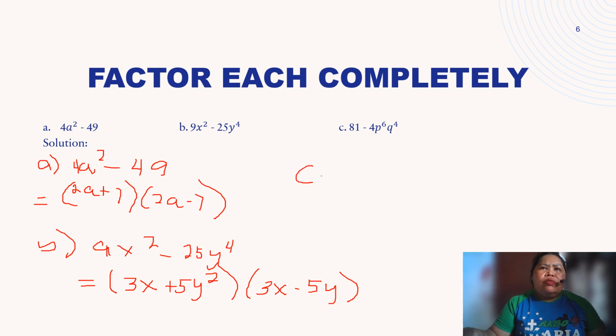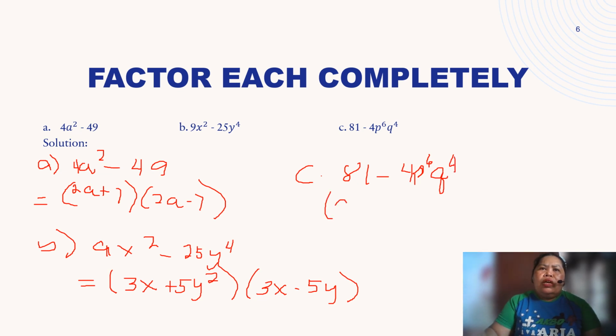Then for letter C, we got 81 minus 4p to the 6th and then q to the 4th power.